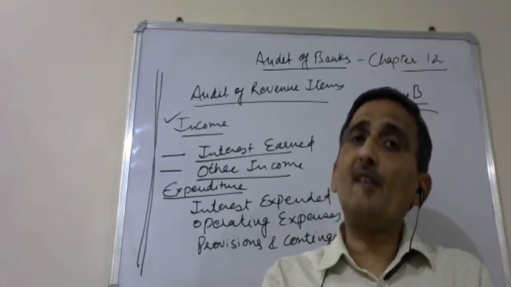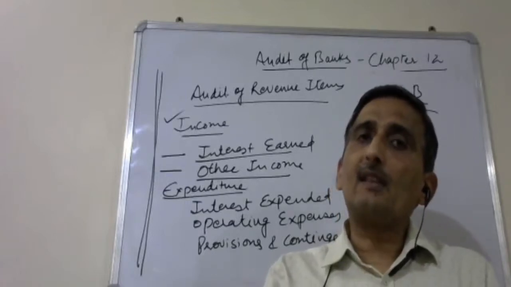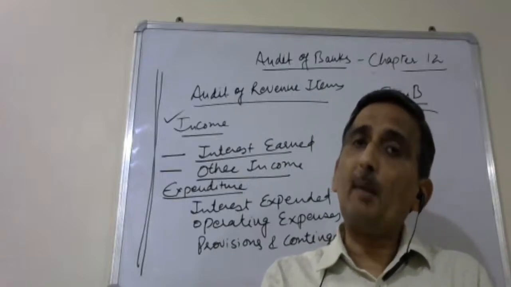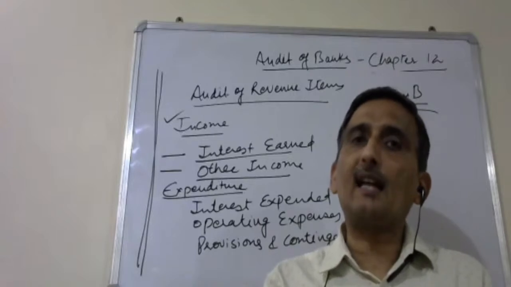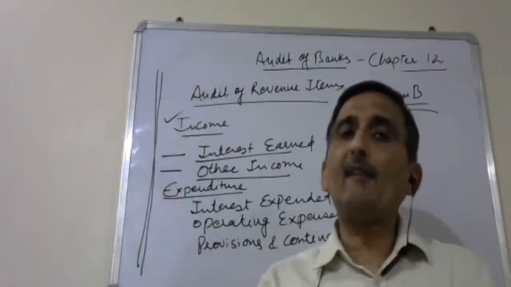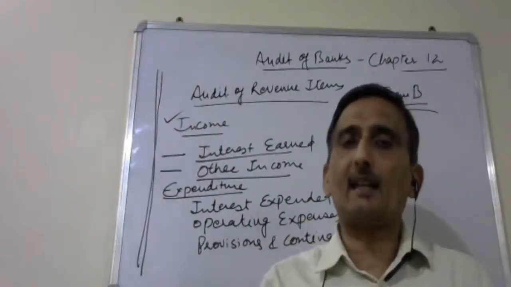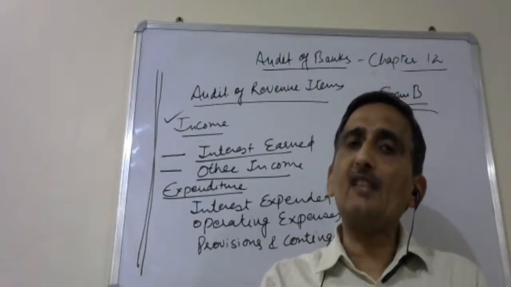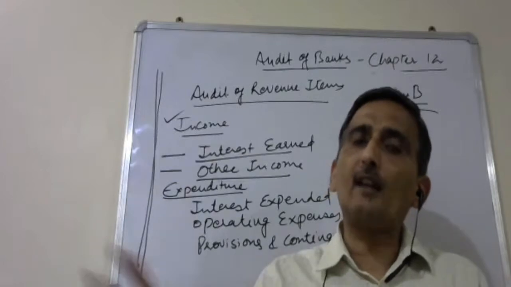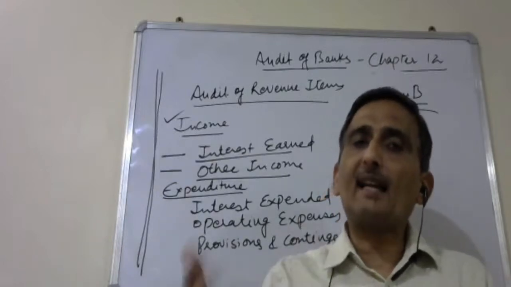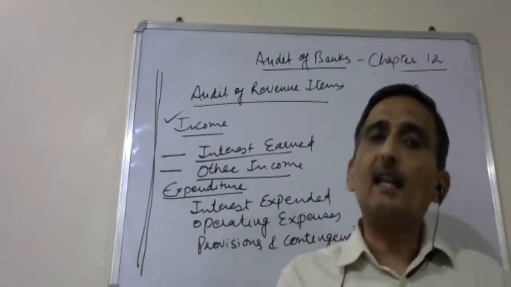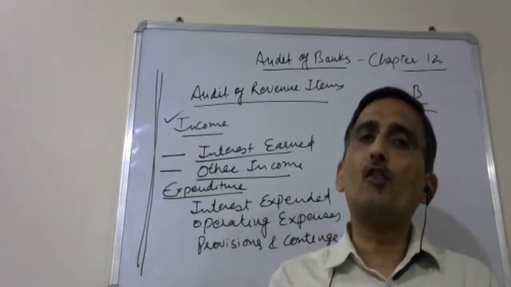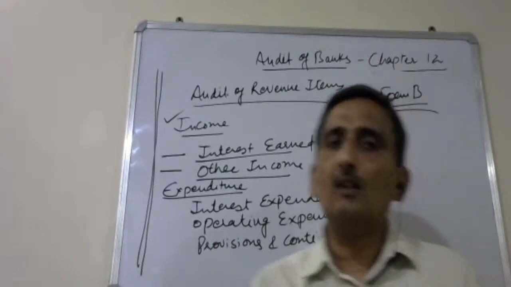Then he has to see whether the date from which interest rates were decreased has been correctly fed into the master data, because at the bank level it makes a huge impact. If the rate has been decreased by the bank and not correctly applied in the system, then the figures under this head would not be reflected correctly. Okay.